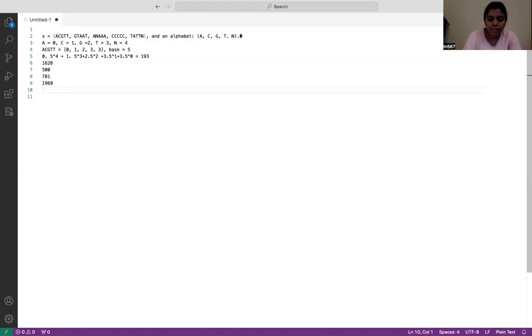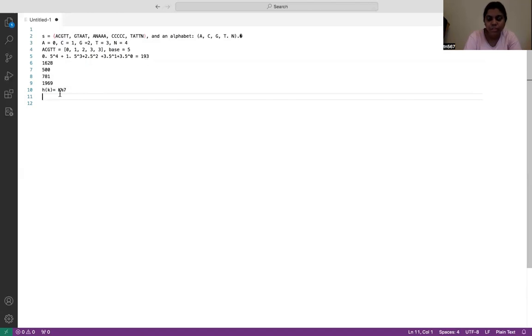Here they have given a hash function h of k, which is k mod 7. Here k is nothing but the values which I got after converting the radix numbers into single values.